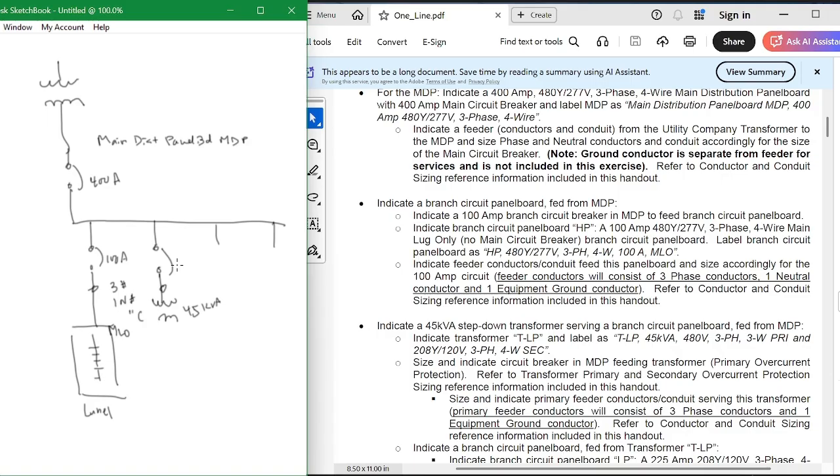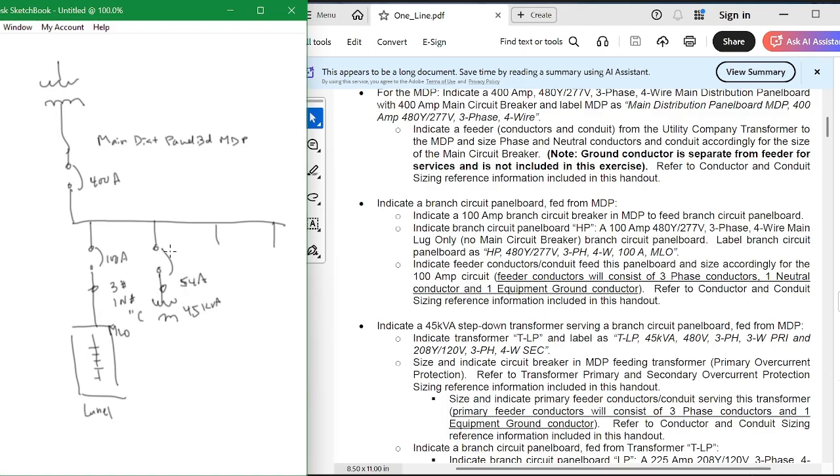So if you have a 45 kVA transformer, your total current here, primary, is about 54 amps.